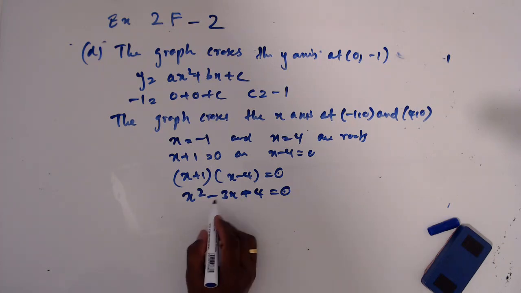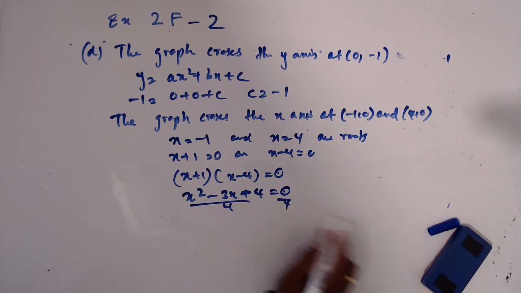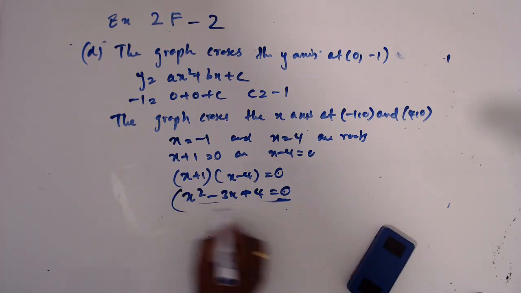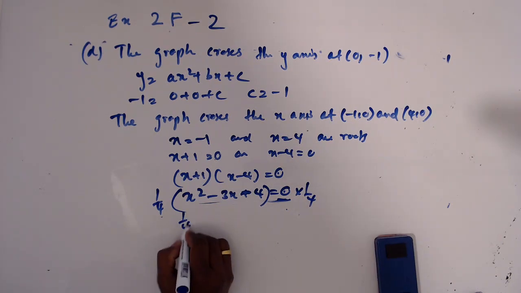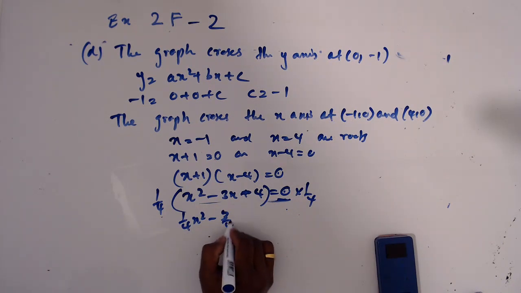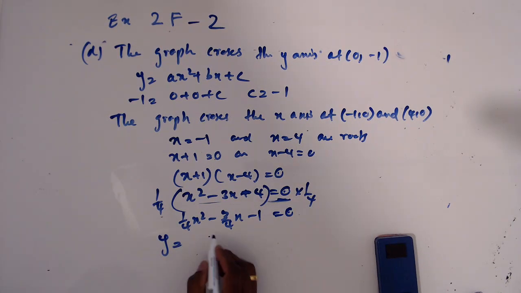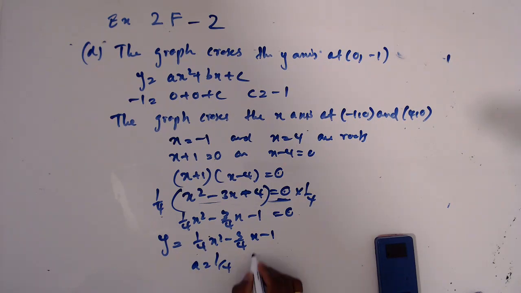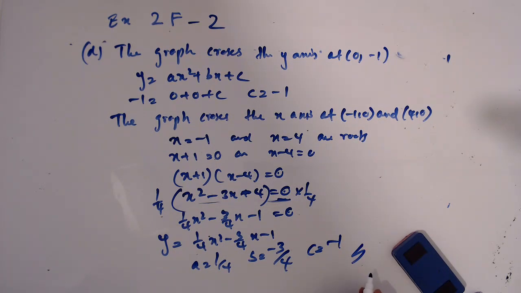Then I have to divide both sides by 4, or I have to multiply by 1 over 4 both sides. So this is 1 over 4 x square, minus 3 over 4 x, minus 1 equals 0. So the graph is y equals 1 over 4 x square, minus 3 over 4 x, minus 1. So a equal 1 over 4, b equal minus 3 over 4, and c equal minus 1.